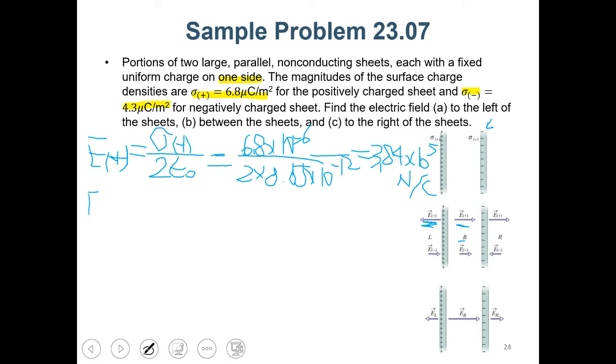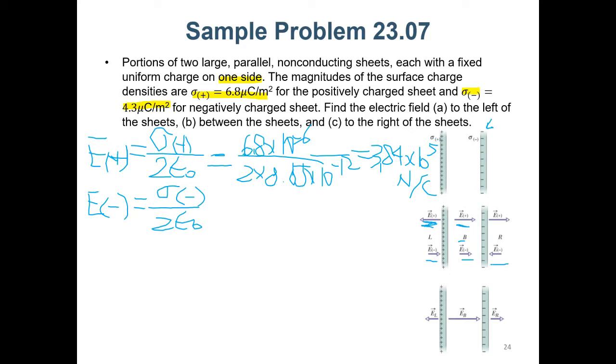And for the negative plate, likewise, we can calculate like this. However, for the negative plate, for the L part and B part, it points to the right, and for the R part, it points to the left because it is negative. So the E field direction should be opposite.